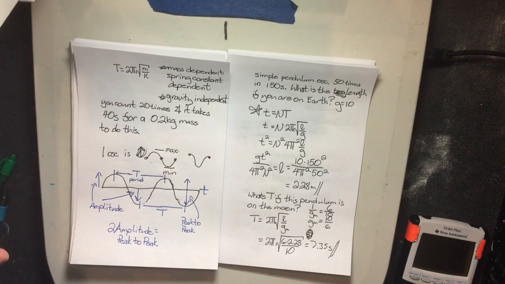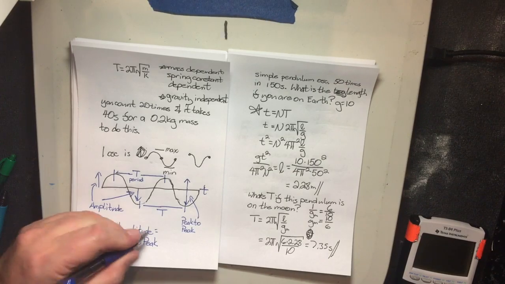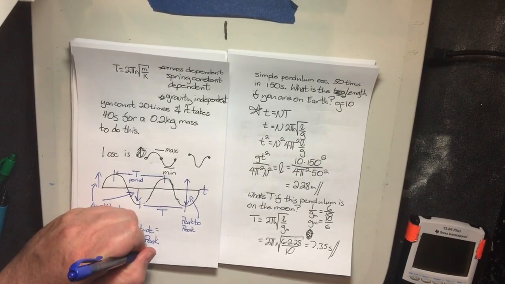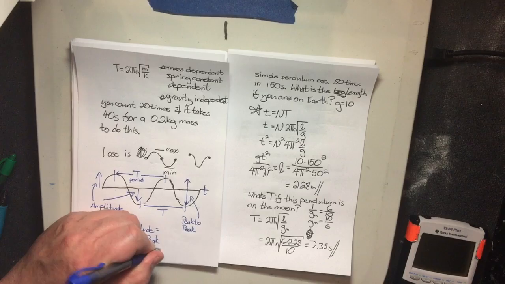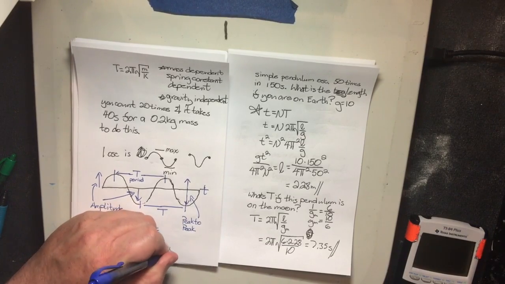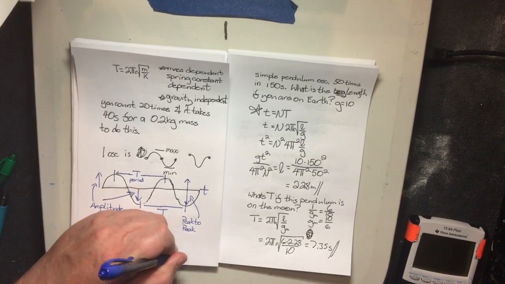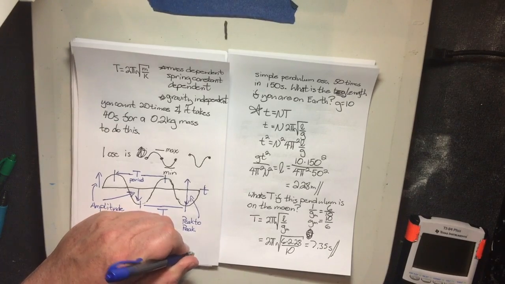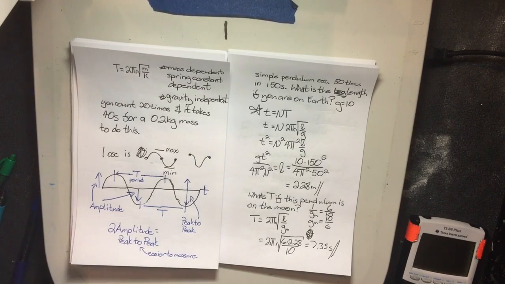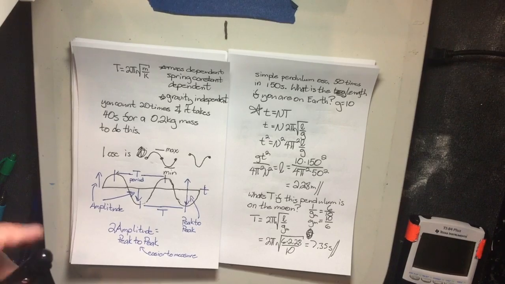Well, in terms of measuring things, the peak to peak is much easier to measure. You can kind of see where the middle line is and then measure that distance.